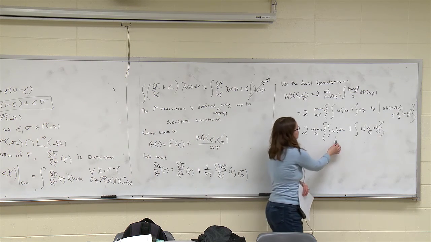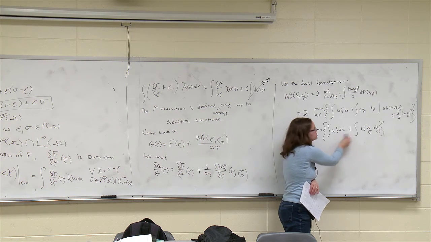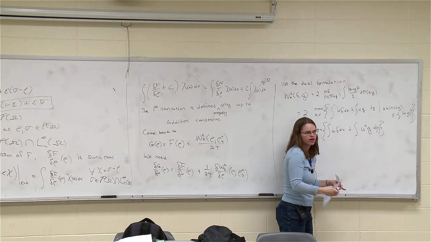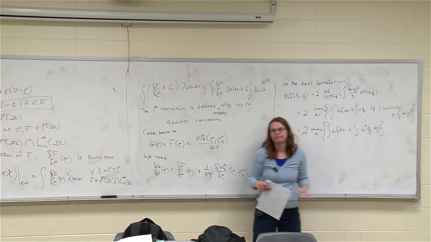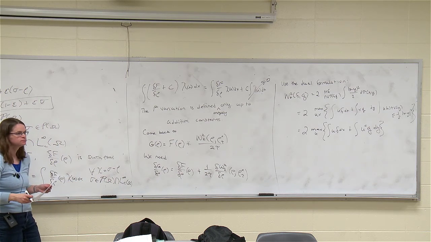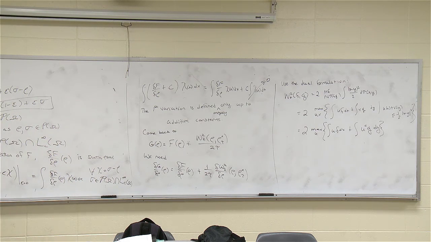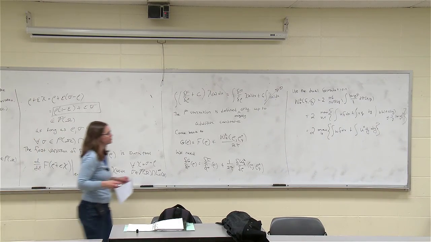The only place f appears now is right here. It doesn't actually appear at all in the second integral. The second integral is just looking at g, and we're not trying to perturb g. Okay, so let's write this down. We're in really good shape to be able to easily take this derivative here.